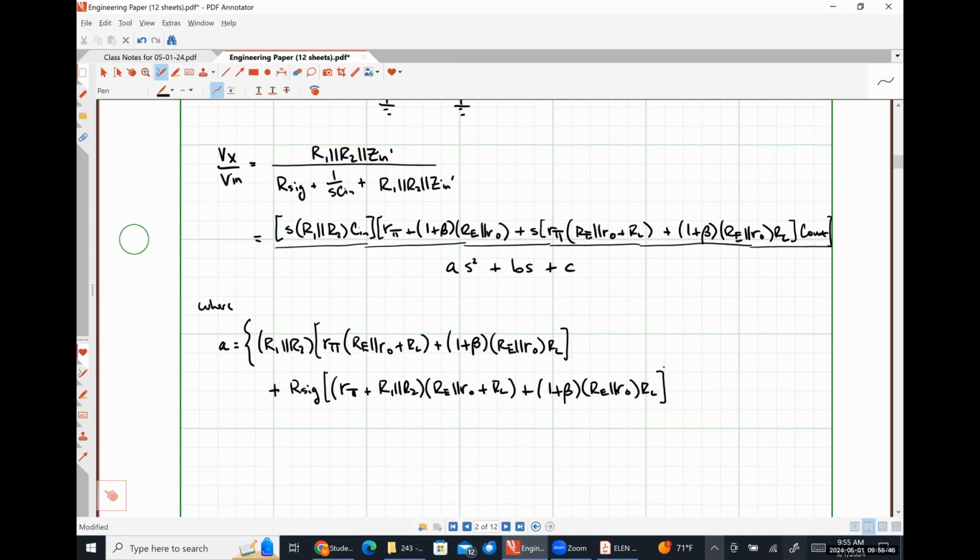Close that bracket, close the curly brace, multiply by Cn times C out. So that's the coefficient of our S squared term in the denominator.